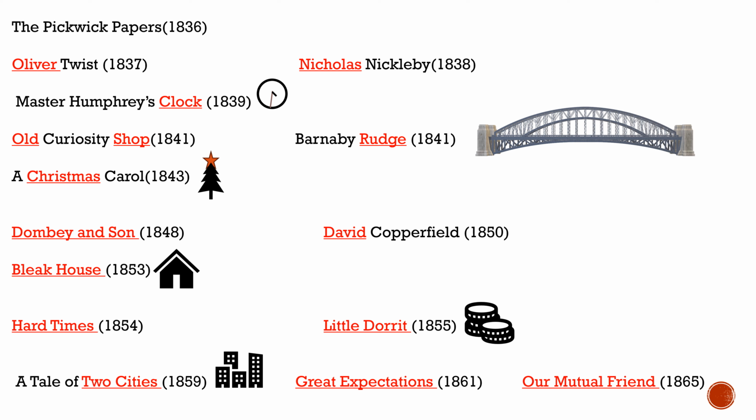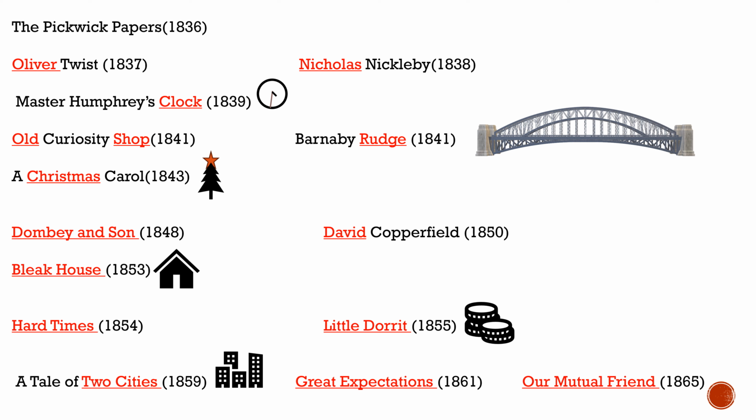Okay, and they decide to move from the countryside to cities with great expectations. From there, they met their mutual friends Oliver and Nicholas. Okay. So in less than a minute, we have studied all the major works of Charles Dickens.